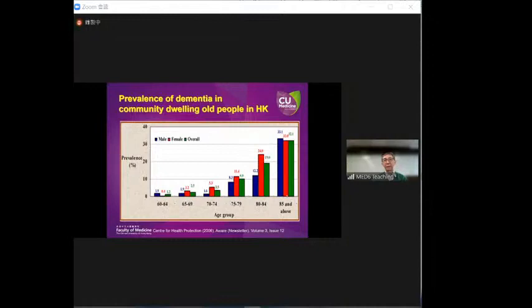Whereas in the extreme age of 85 or more, even if you have high education, it is not a significant factor, because the time has sort of passed, and so even people with high education could develop dementia, and that's why the gender difference disappeared in the extreme old age.